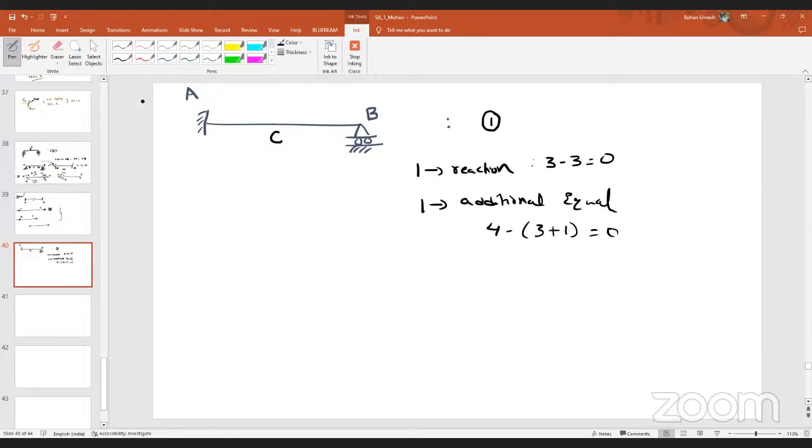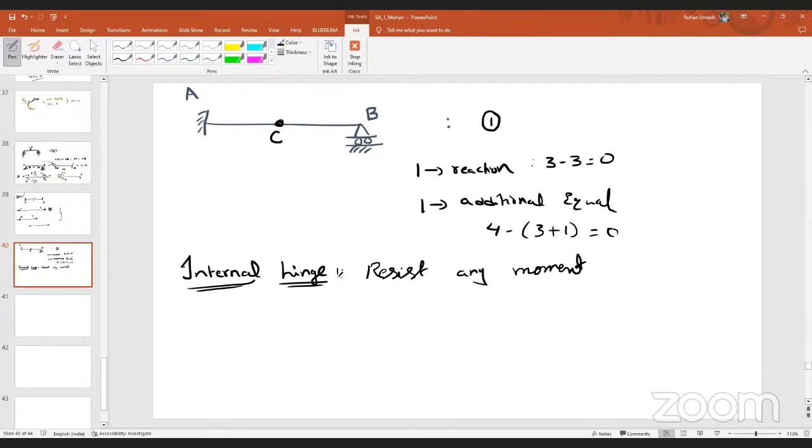How will you define an internal hinge? You guys might have encountered it. What is meant by internal hinge? What will it do to the structure? If it is an internal hinge, it won't be able to resist any movement.